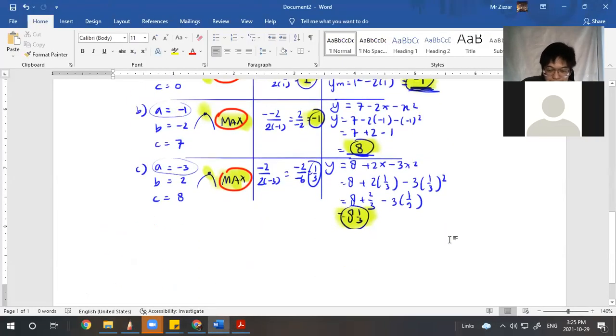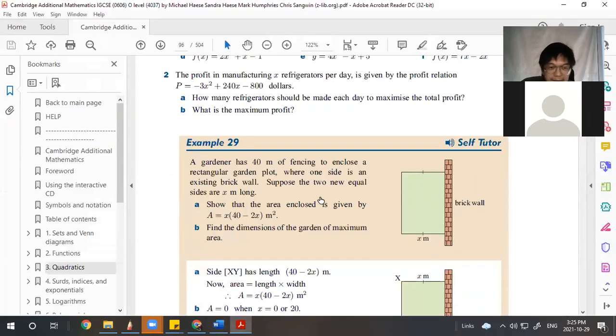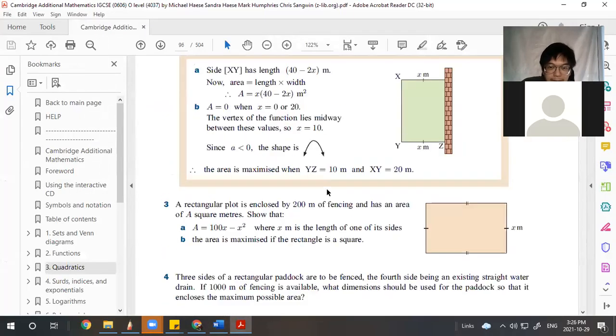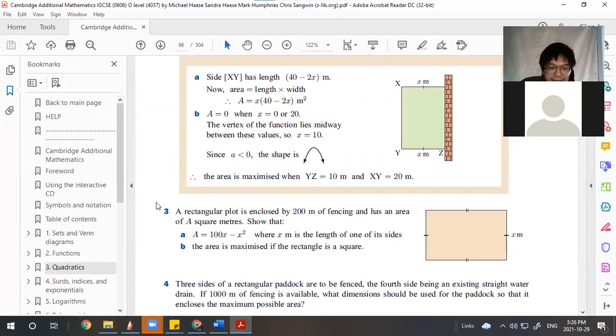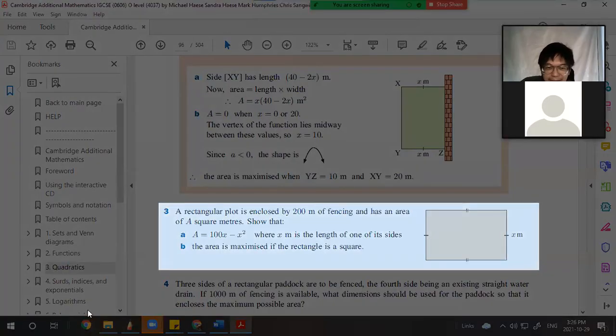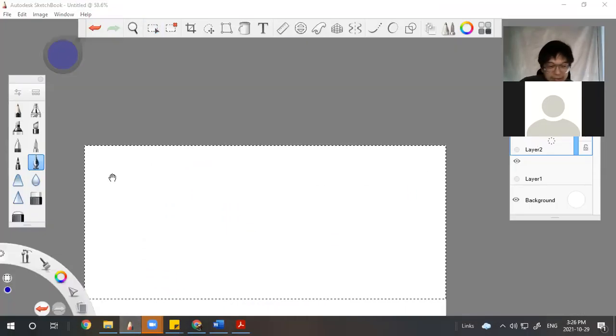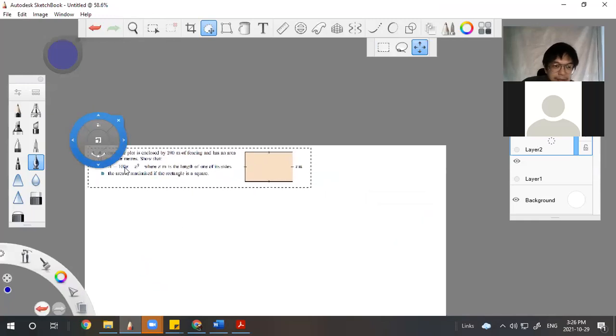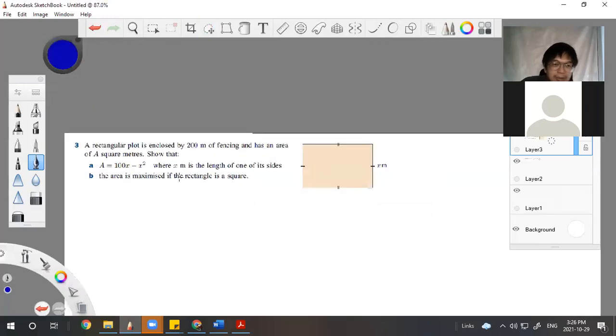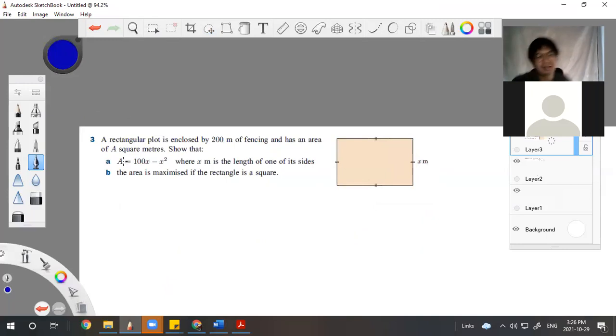And try to do number 3. Rectangular plot. This is a more challenging question. A rectangular plot is enclosed by 200 meters of fencing. Fencing is always talking about perimeter, right?